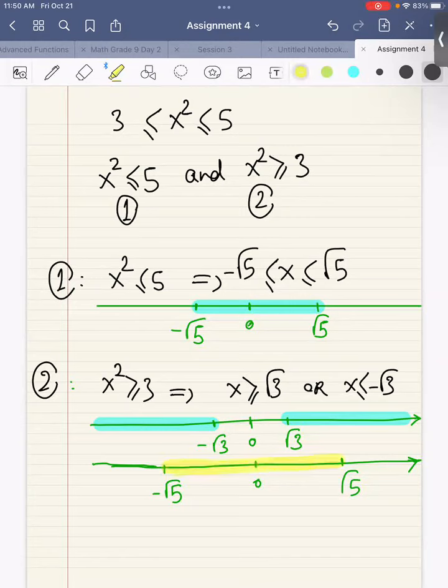So you need to find the common part between the blue lines and the yellow region. The blue region and the yellow region.